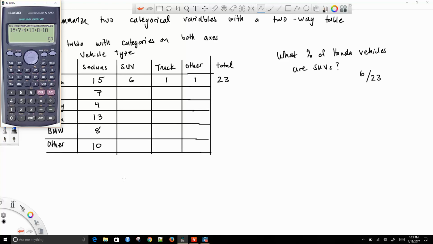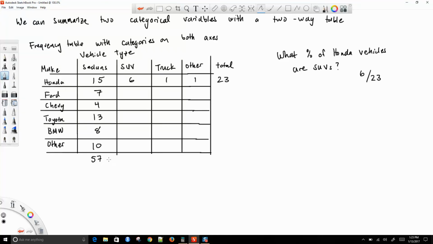Okay, and I have 57. And over here, I could ask a different question, and I could say, what percentage of sedans are Hondas? Okay, and over here, our answer would be 15 out of 57.